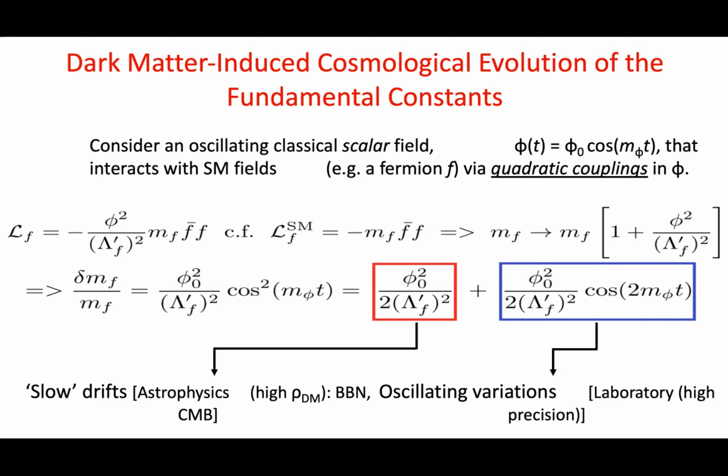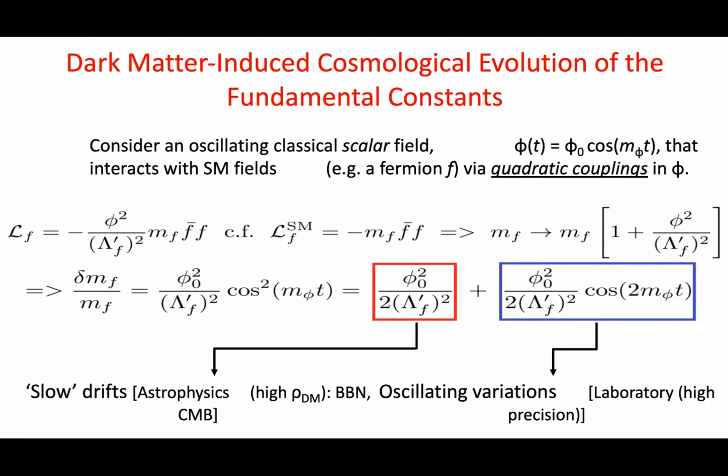If you consider quadratic interaction with scalar fields, we have richer physics, because the dark matter field is amplitude times cosine mt. Cosine squared gives you a constant term and a term varying with double frequency. The constant term gives you astrophysical observations, because it does not oscillate, but the amplitude changes, and here it's the amplitude of the scalar field squared.